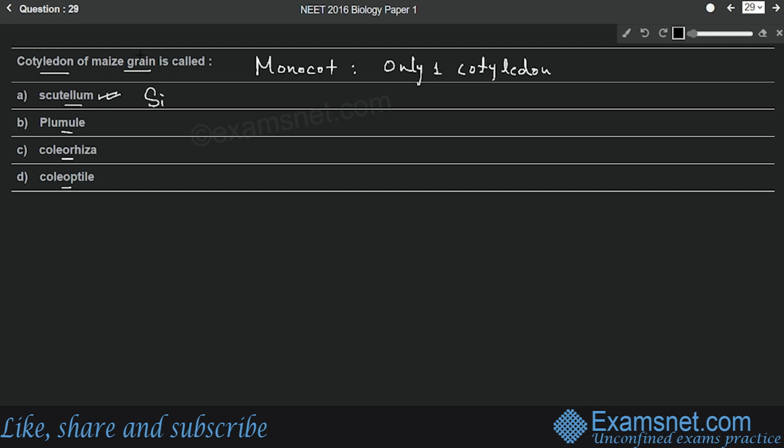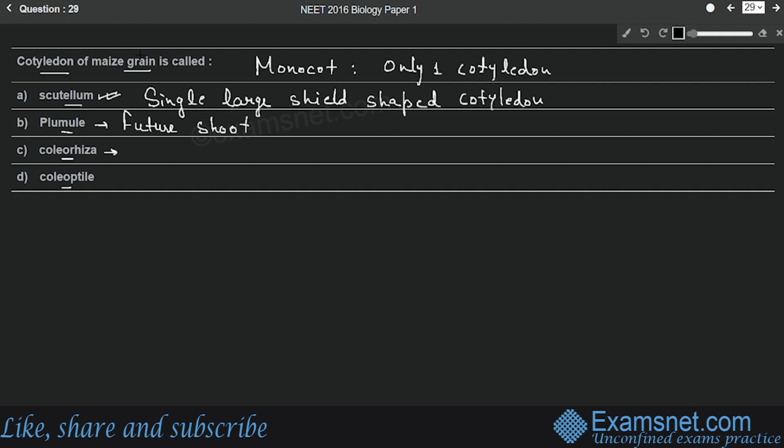Okay, this is single, large, shield shaped. So it looks like a shield, right? What is plumule? It is the future shoot, okay, that will develop as shoot later on. What is coleorhiza?